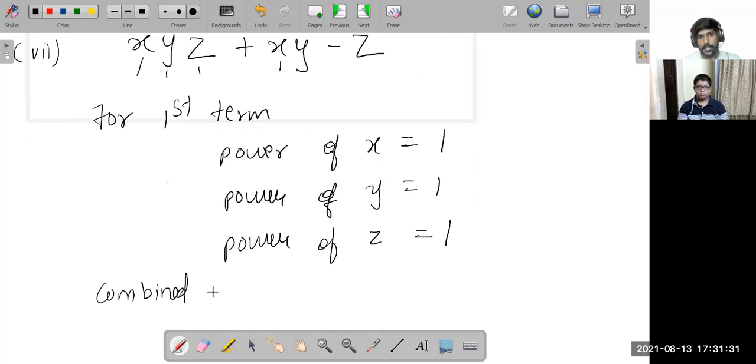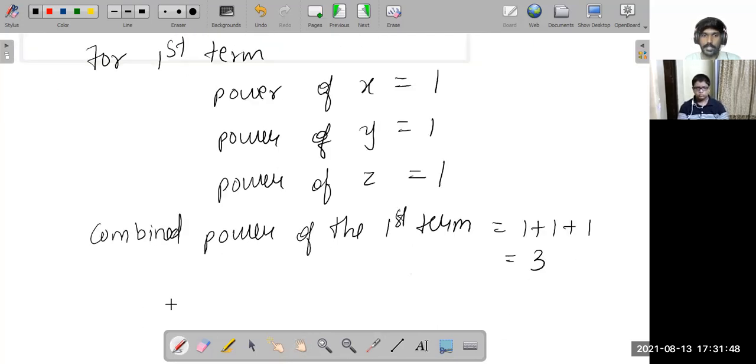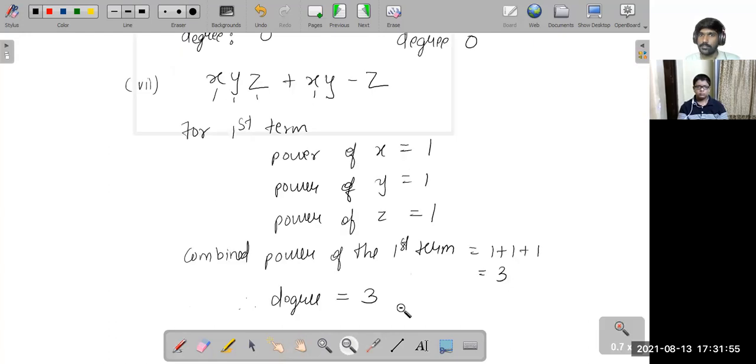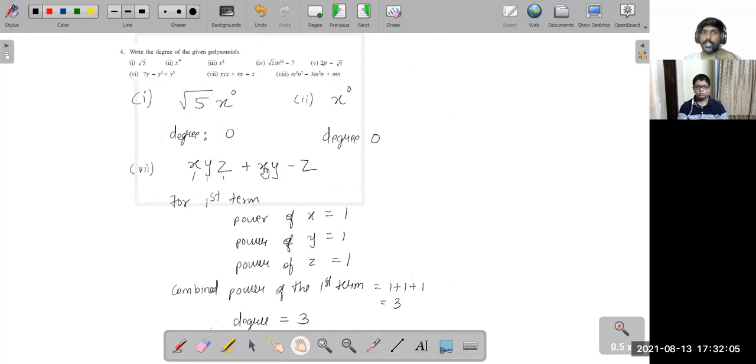Combined power of the first term is 1 plus 1 plus 1, which is 3. Therefore, degree is equal to 3. Is this clear? Just a way of writing. Yes, sir. Okay. Now I want you to write all 1 to 7.